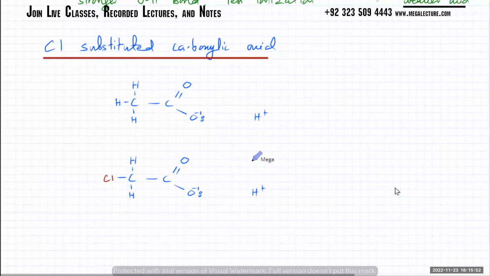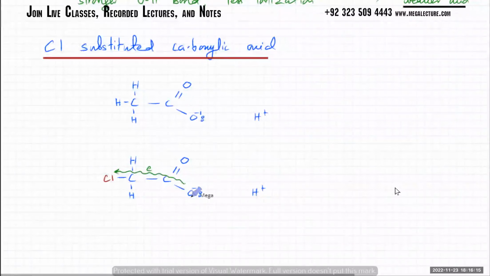Okay, anyway, the difference is what's going on over here is you've got a chlorine and it's got an electron. So the molecules are exactly the same except for one fact, which is that you've got a chlorine in one of the molecules, and chlorine has an electron withdrawing effect. So chlorine is going to very slightly withdraw electrons.